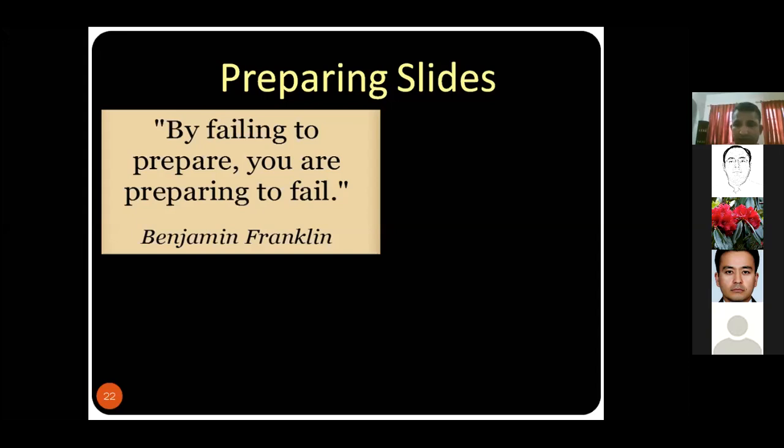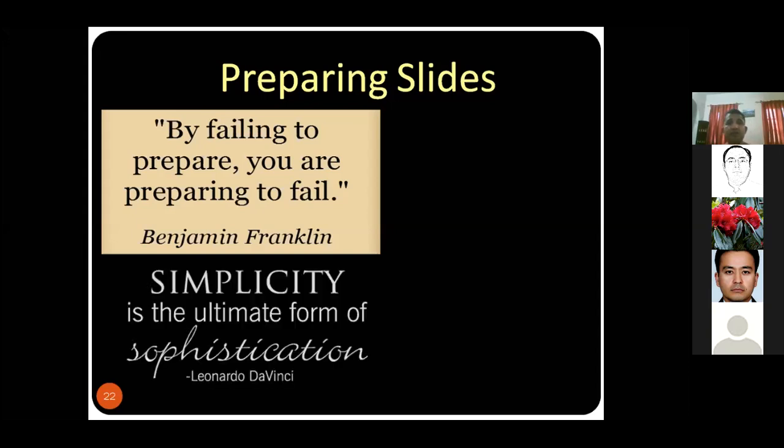It doesn't happen. And simplicity is the ultimate form of sophistication. This was said by Leonardo da Vinci. If you try to make a very complicated presentation, it's going to go worse. So make it simple, and it will become a very beautiful presentation.